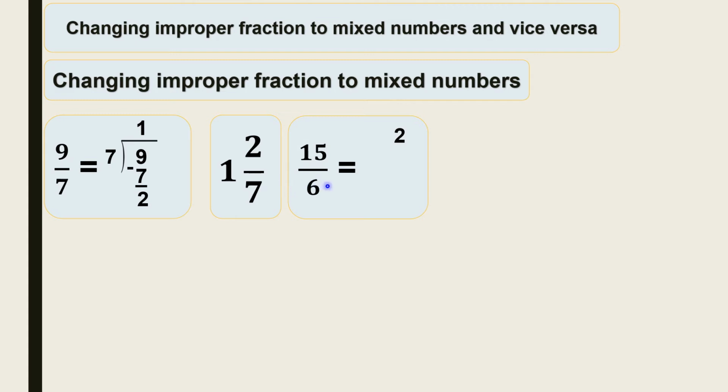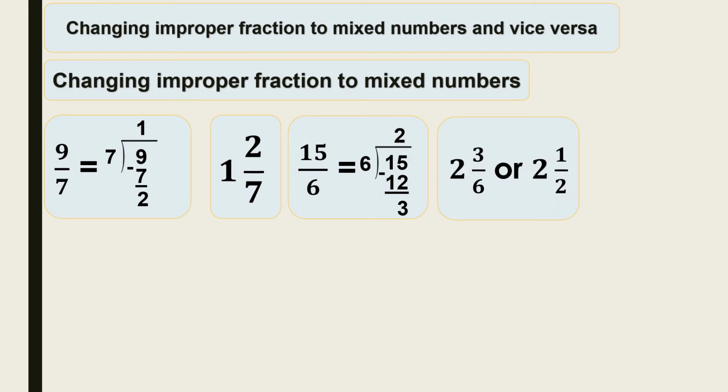Next, 15 over 6. 15 over 6 is an example of an improper fraction because 15 is greater than 6. Therefore, we need to divide it again. So you divide 15 by 6, so that is 2, and then 2 times 6 is 12. Okay? And then 15 minus 12 is 3.